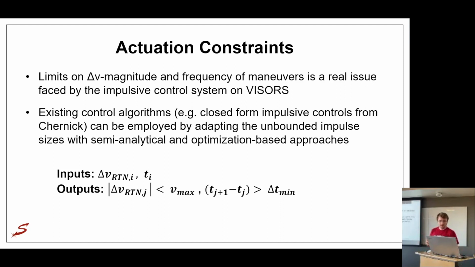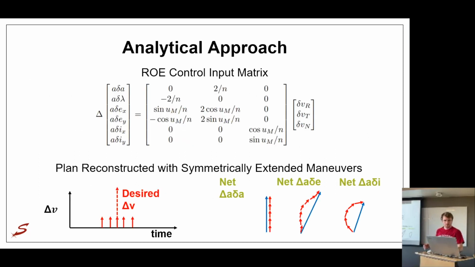How can we do that? I'll introduce some algorithms for taking in an original maneuver plan, which will be a series of impulse velocities at specific times, and outputting a maneuver plan that will accomplish the same relative state configuration while abiding the constraints on the delta V and the time between maneuvers.